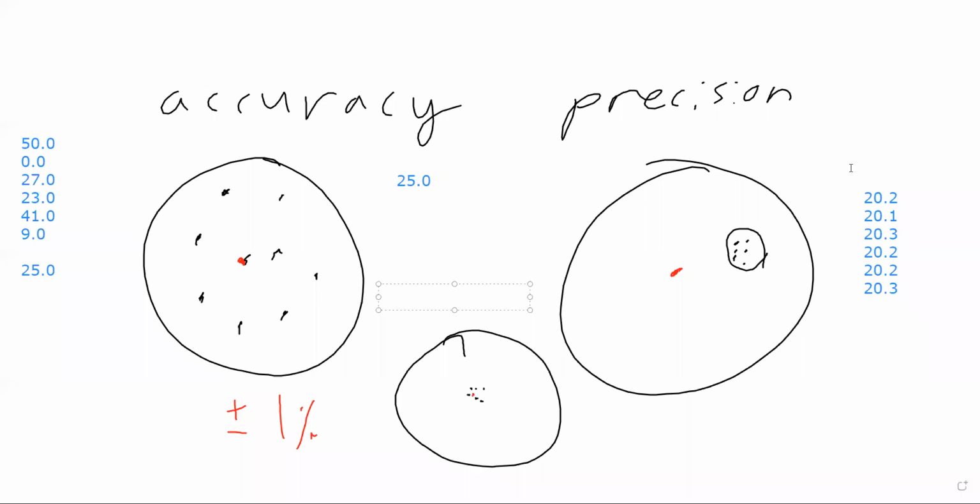For this one, the precision one, we have a very closely grouped set of numbers, but our numbers are really not that useful to us because they're not accurate.